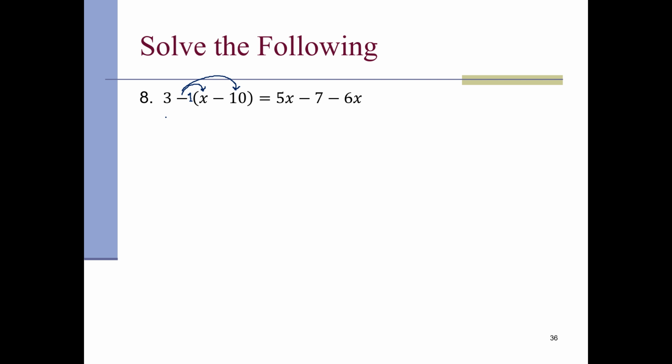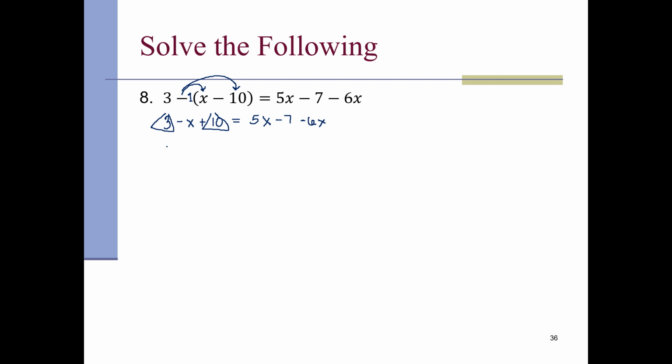So doing that distribution, I have 3 minus x, two negatives making a positive, plus 10 equals 5x minus 7 minus 6x. On both sides of the equation, I now have some like terms. On the left, there is a 3 and there is a 10.